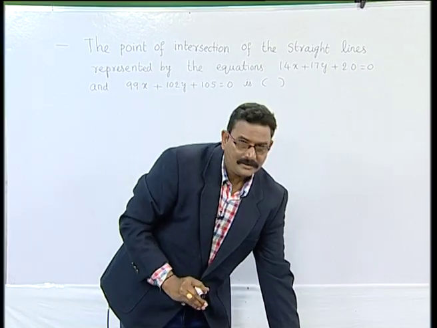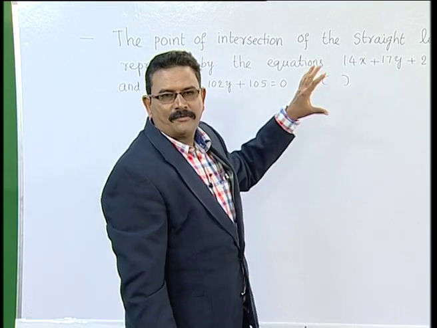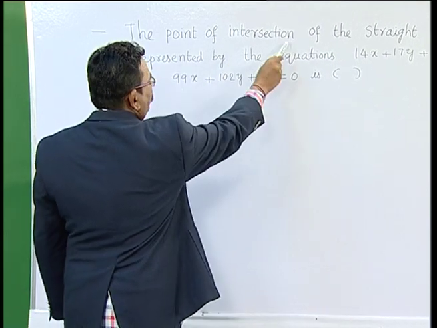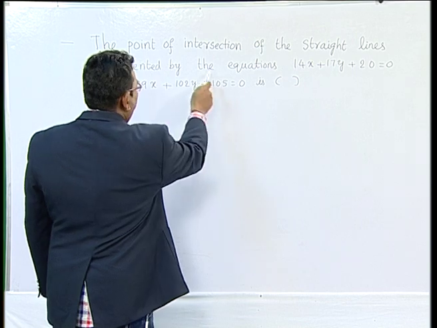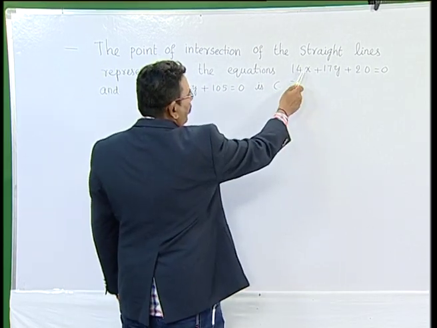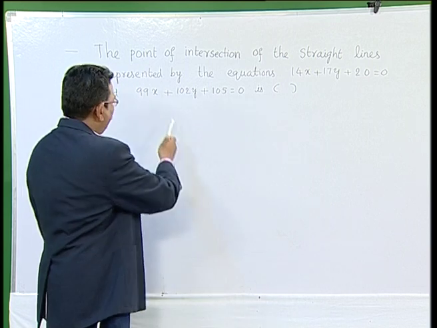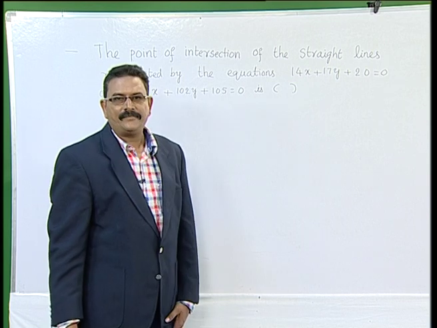Okay, let us have a discussion on this problem. Let me read out the problem once again. The point of intersection of the straight lines represented by the equations 14x plus 17y plus 20 is equal to 0 and 99x plus 102y plus 105 is equal to 0 is.